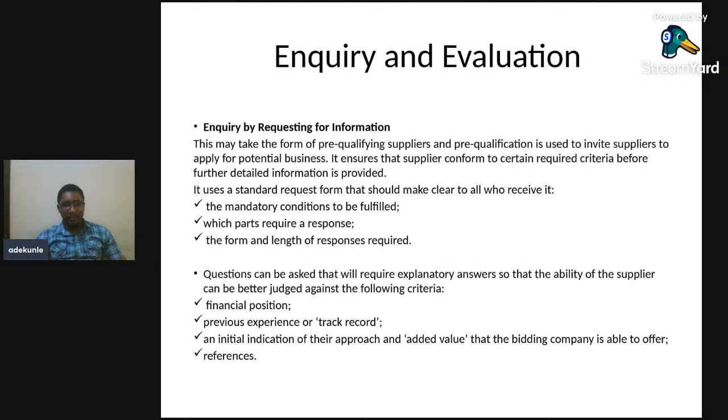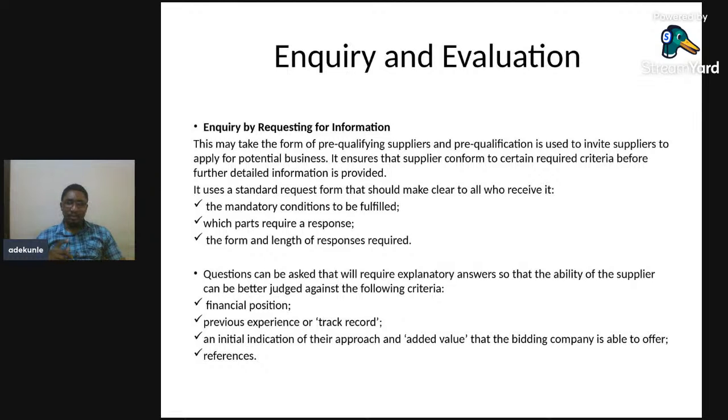Of course, questions can be asked that will require explanatory answers, and also to know the ability of the supplier to supply what is needed.